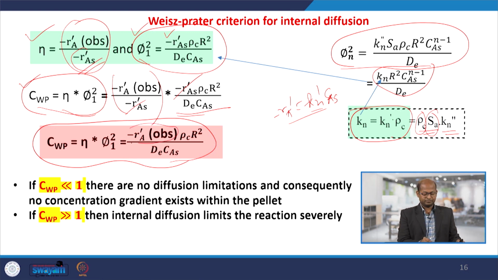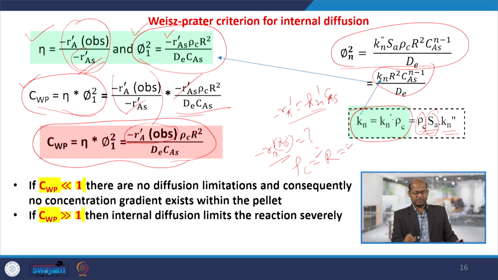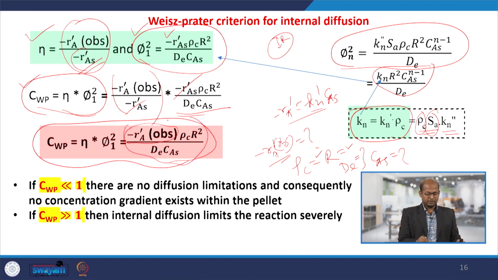For a particular reaction we usually know the observed rate, the density of the catalyst, the catalyst particle radius for spherical particles, the effective diffusivity, and the surface concentration of the reactants. By putting in these values, we can easily find the Weisz-Prater criteria, and it will have some value.